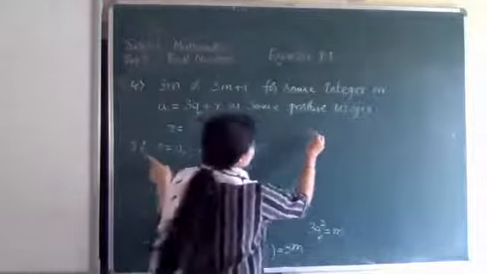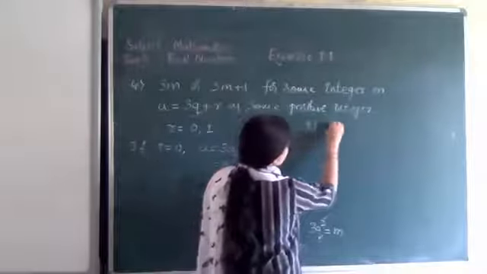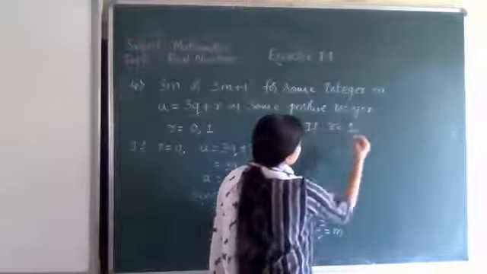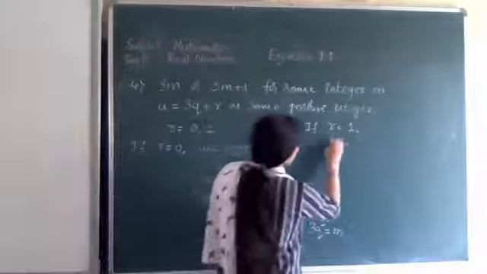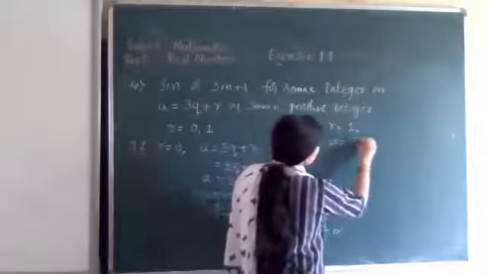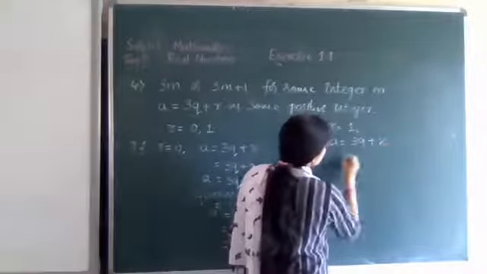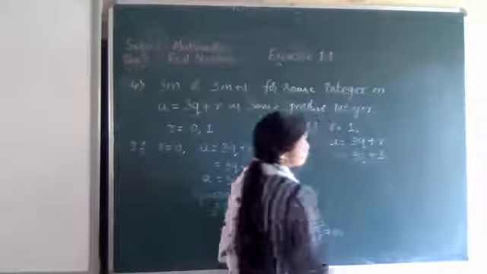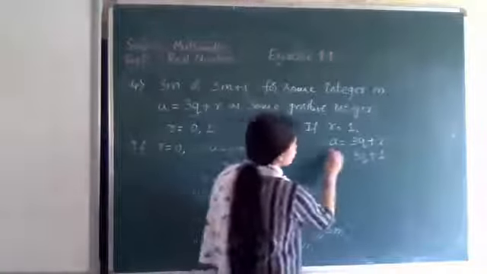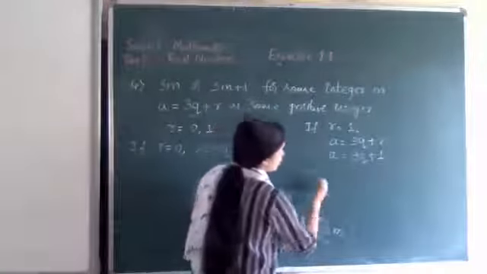Then, if r is equal to 1, a is equal to 3q plus r. Here r is 1, then a is equal to 3q plus 1.